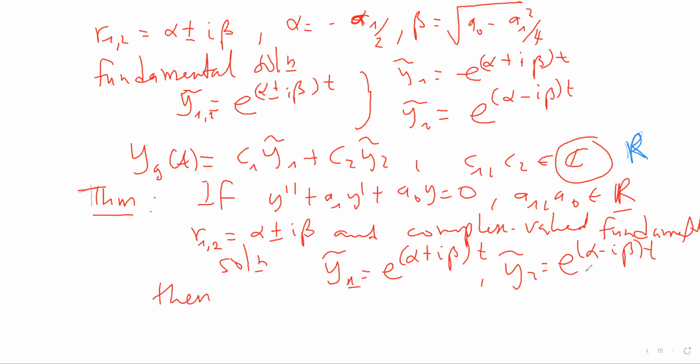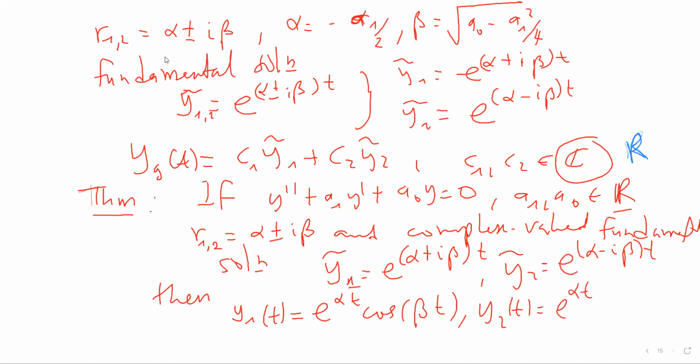Then y1 of t is equal to e^(alpha t) cos beta t, and y2 of t is equal to e^(alpha t) sine beta t.